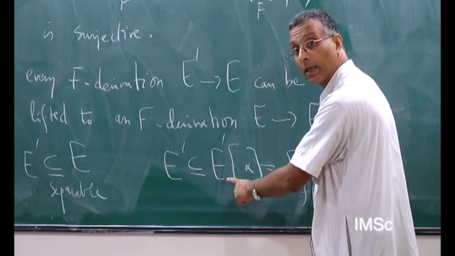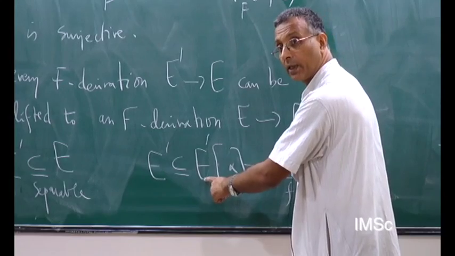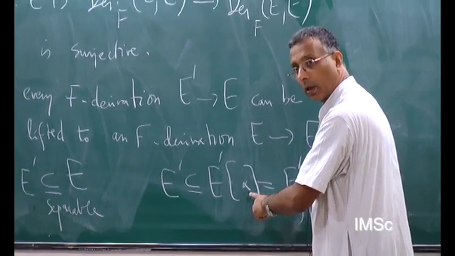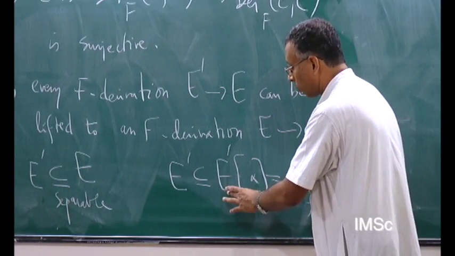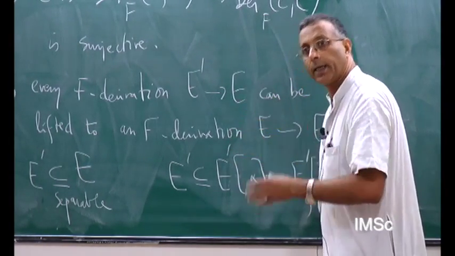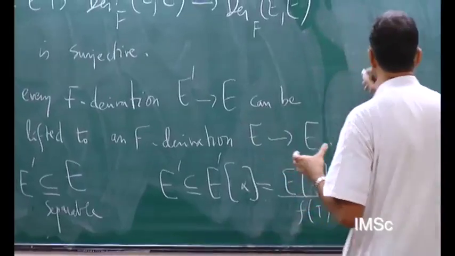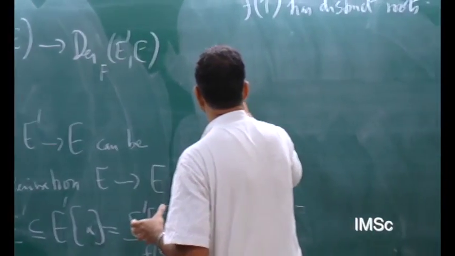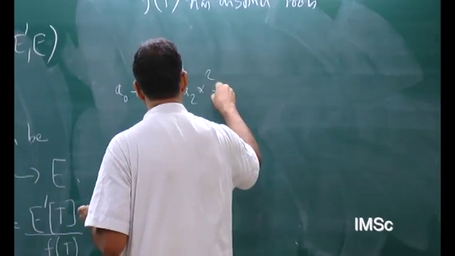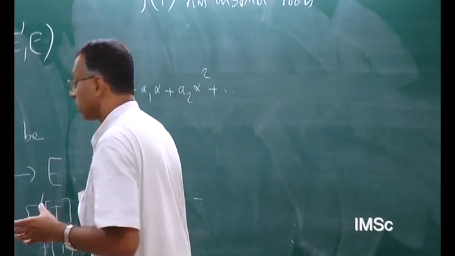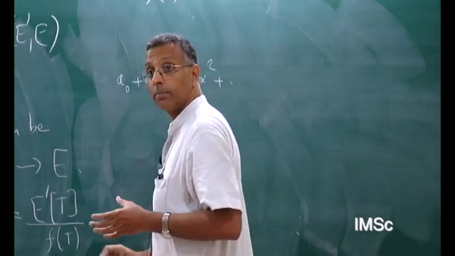Everything is a polynomial in alpha with coefficients in E prime. Now, I want to extend a derivation. So think of a polynomial in alpha that looks like this, where these coefficients are in E prime.